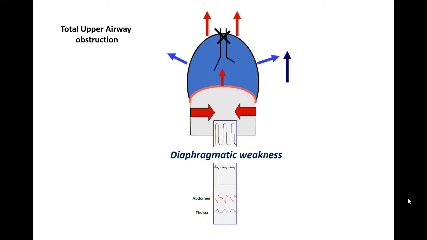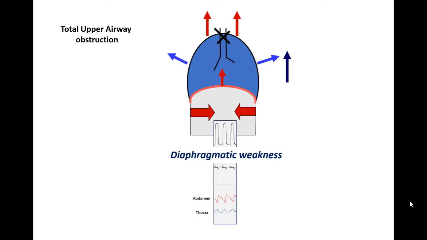As a result, thoracic diameter increases and abdominal diameter decreases. As a consequence, on polygraphy, the thoracic belt deflection is positive and the abdominal belt deflection is negative.